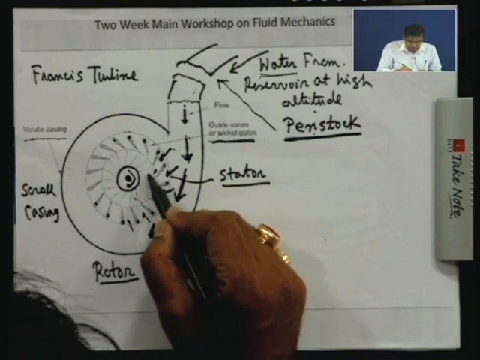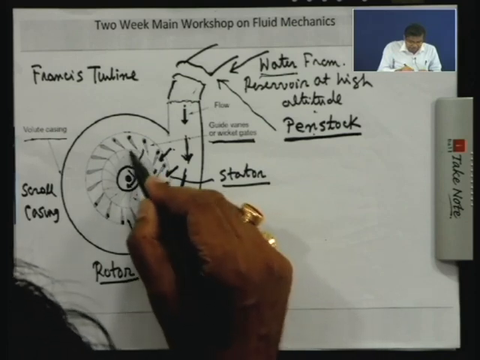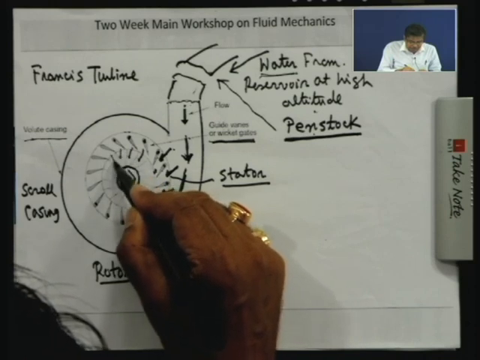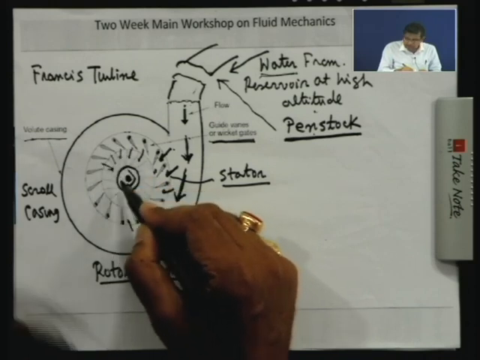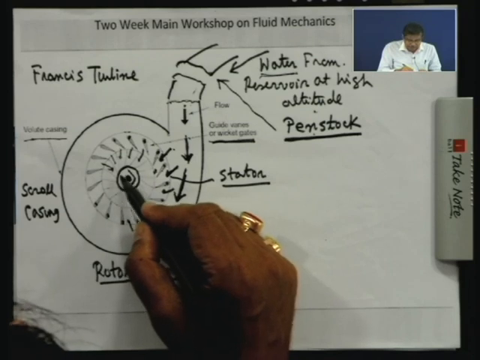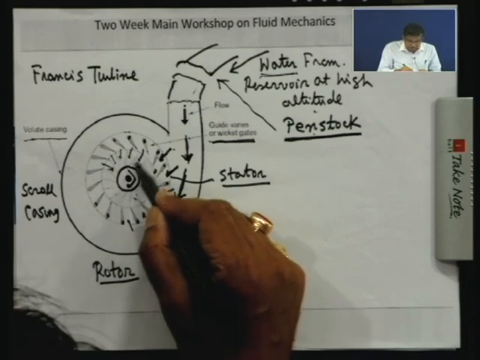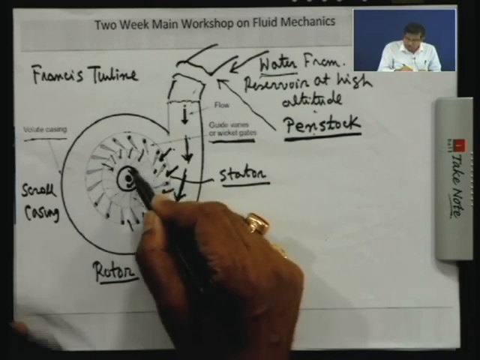Then it flows through the runner in the radial inward direction, and it exchanges energy by the impulse action; its kinetic energy and absolute velocity are reduced, the relative velocity increases and pressure is reduced.